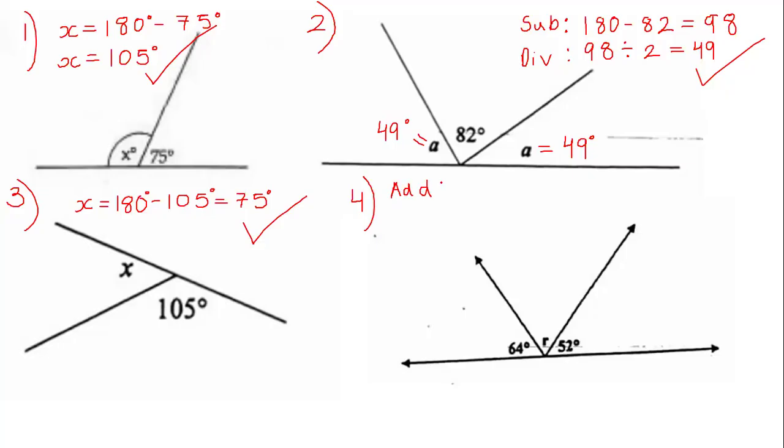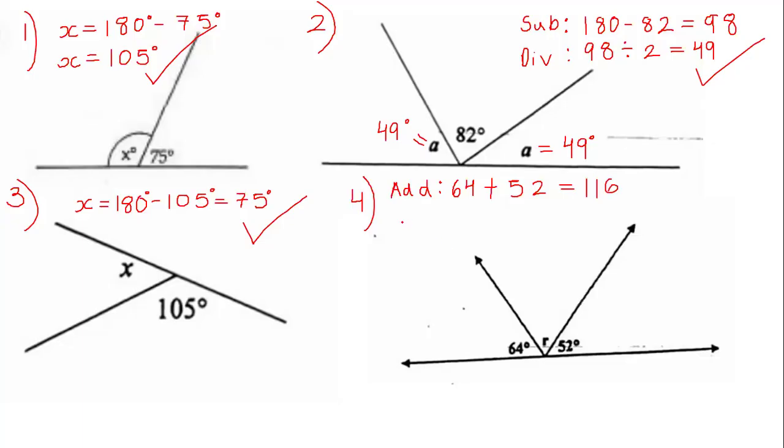So the first thing we're going to do is add 64, like you said, plus 52. And 64 plus 52 is what? 116. Very good, 116.